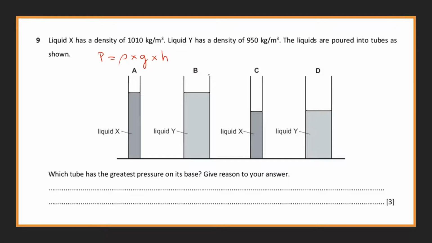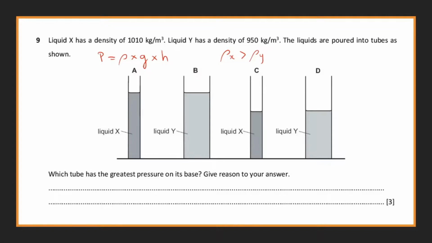We know from the problem that the density of liquid X is greater than the density of liquid Y. So, to know which one produces the greatest pressure, we have to choose liquid X instead of liquid Y.